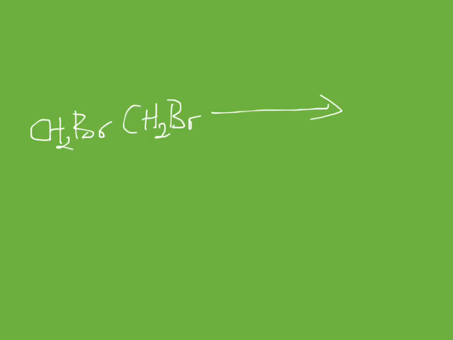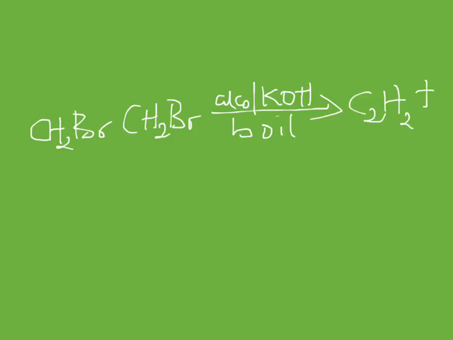We act in the presence of alcohol and potassium hydroxide. We boil it. It is going to give us our ethyne plus hydrogen plus potassium bromide plus water. That is how we said we obtain alkynes from the laboratory.